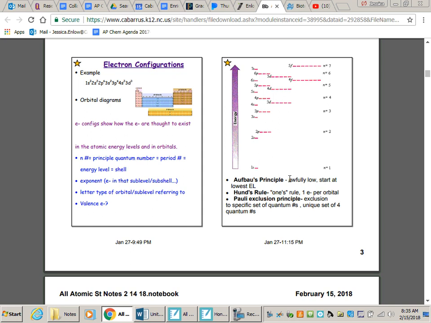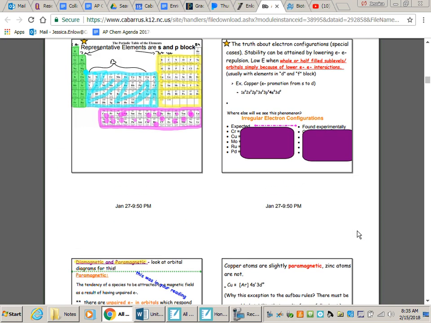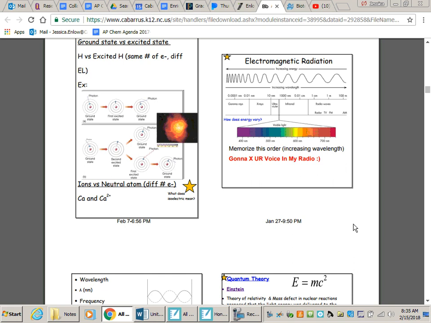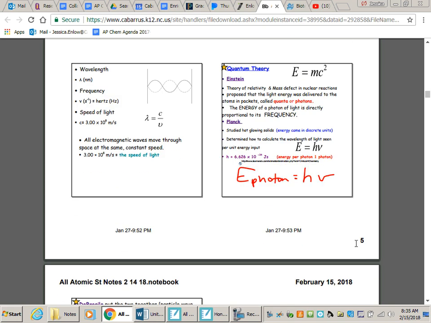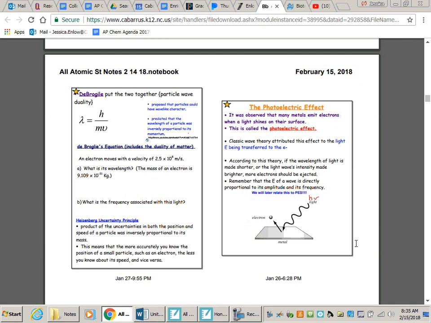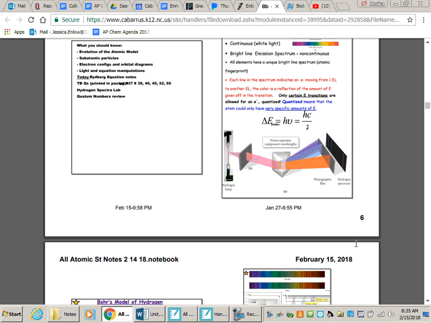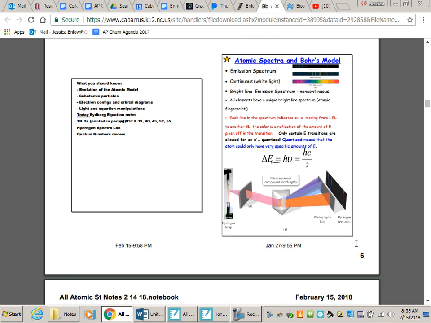So finish page 3, 4, 5, 6. Now, of course, you don't have to write down everything, but it would be a good idea to set yourself up for success. So leave a little space so you can do some examples as I do in class.